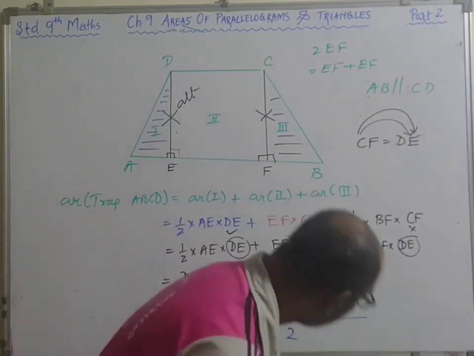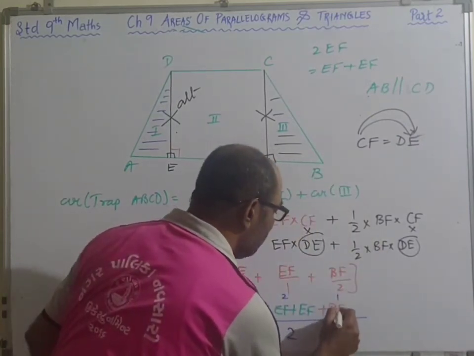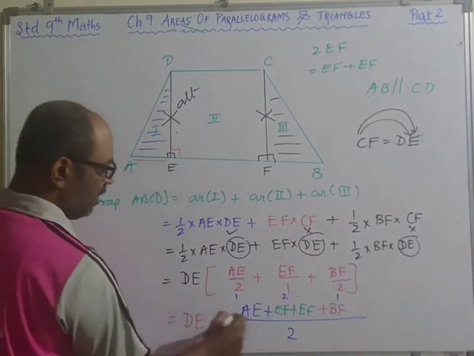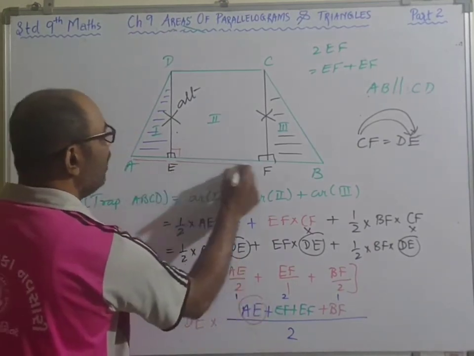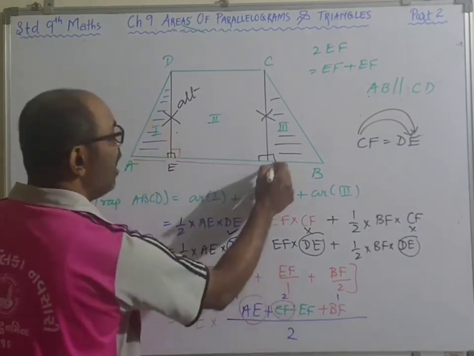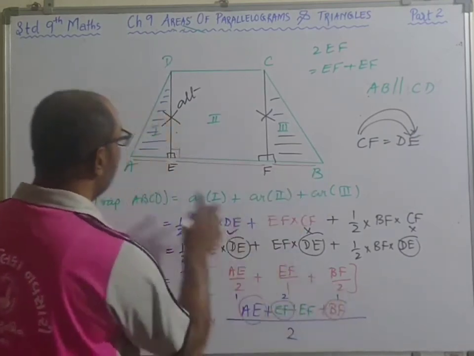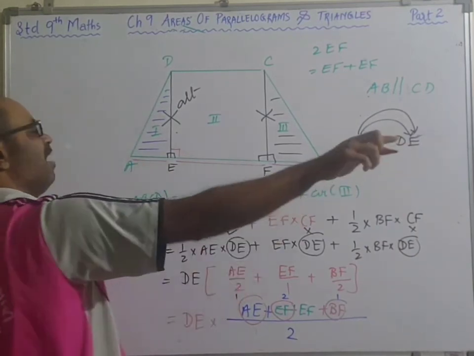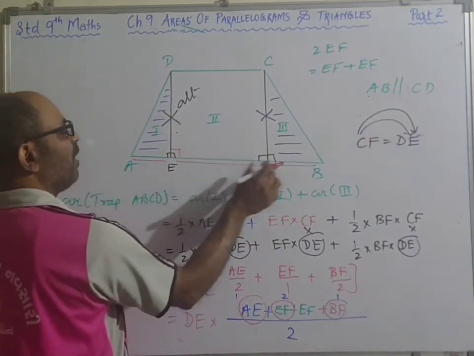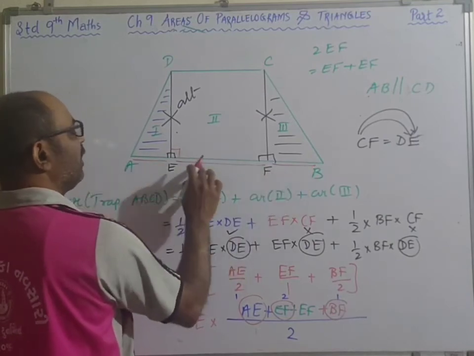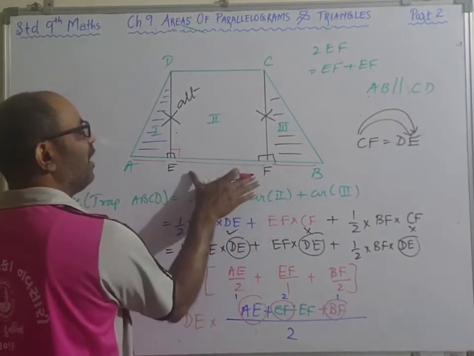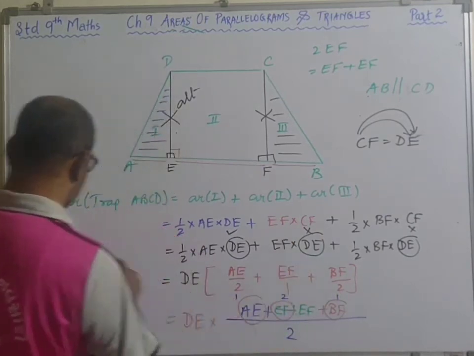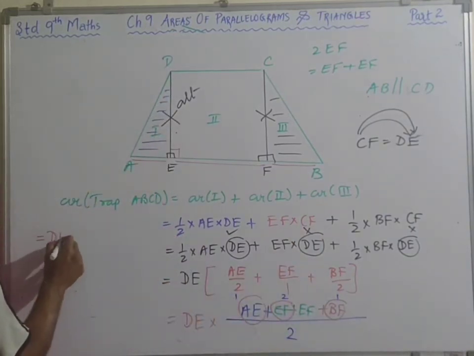Plus BF. Now children, look at this. AE, it's here. EF, it's here. And BF, it's here. So AE plus EF plus BF, that is AB. Part 1 plus part 2 plus part 3. Line segment plus line segment plus line segment gives you bigger line segment AB. See children, I am continuing here.